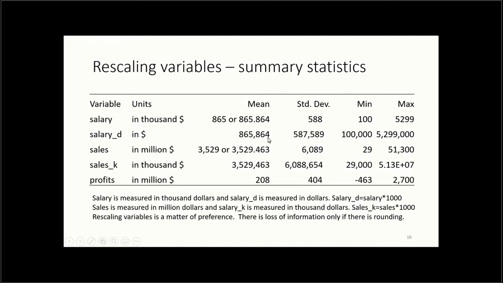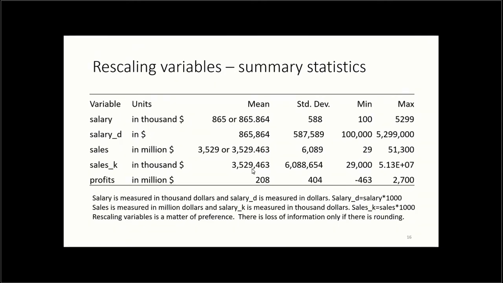In the same manner, sales is measured in millions of dollars. This is for the company. So it's this number here, which basically has more rounding than this number. If we want to convert it from $1,000,000 to $1,000, I put here K for thousand and D for dollars. We would basically just multiply it times 1,000.